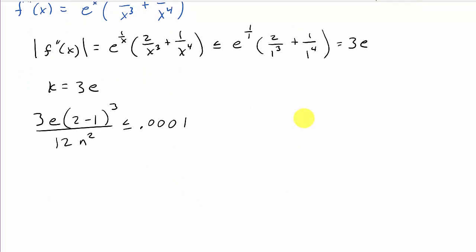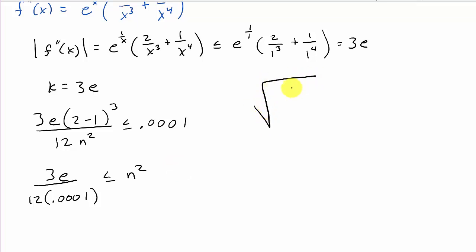Alright, and now we solve. So the n squared, we move up here. The 0.0001 gets moved down here. So that's 3e. This is 1 over 12 times 0.0001 less than or equal to n squared. And so I get the square root of 3e over 12 times 0.0001 is less than or equal to n.